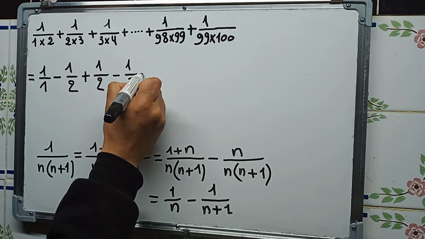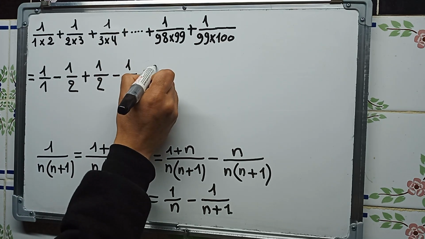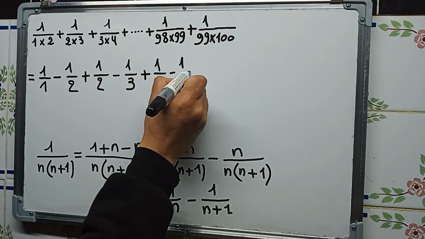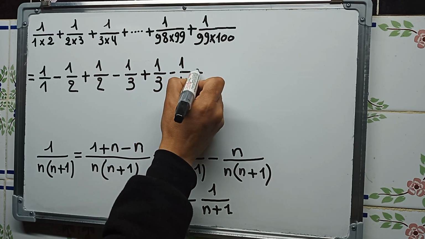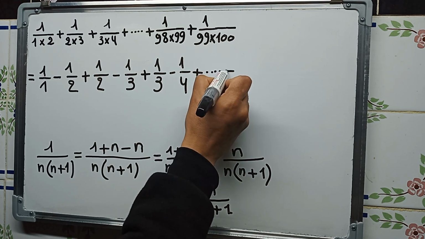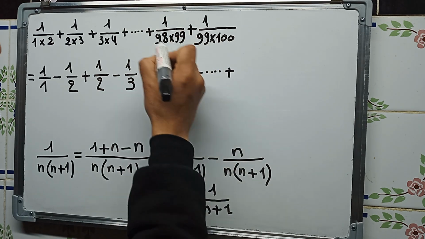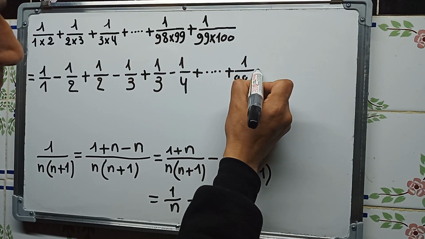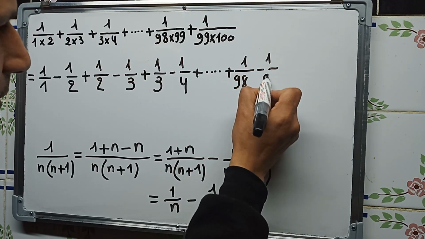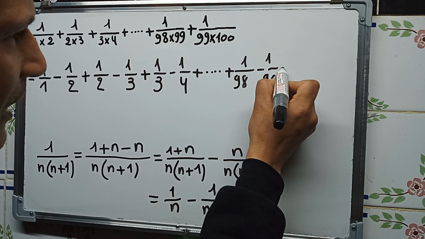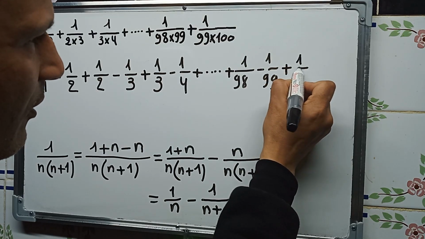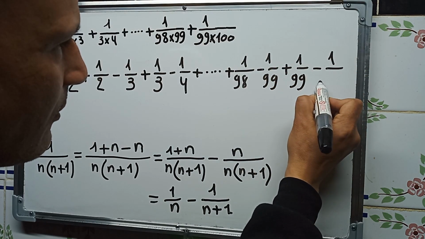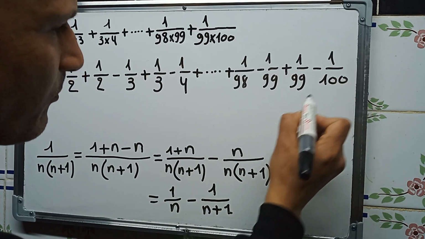And the third one, 1 over 3 minus 1 over 4. And continuing until here, 1 over 98 minus 1 over 99 plus 1 over 99 minus 1 over 100.